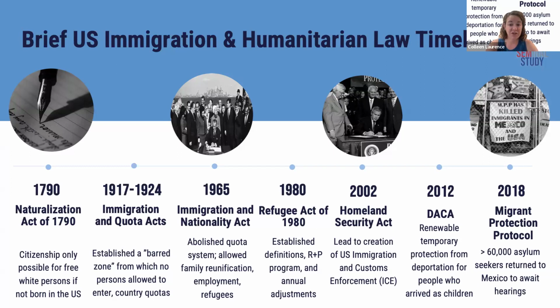During the Trump administration, recognition of immigrant rights in international human law has become increasingly precarious. In December 2018, the Migrant Protection Protocols, or Remain in Mexico policy, was implemented by the Department of Homeland Security. This forced 60,000 asylum seekers to return to Mexico for the duration of their immigration proceedings, often forcing them to live in unsafe conditions.